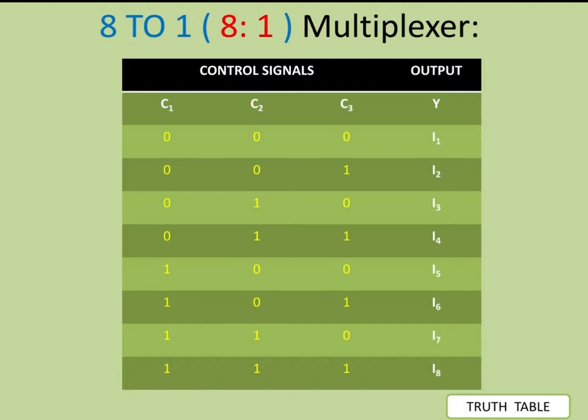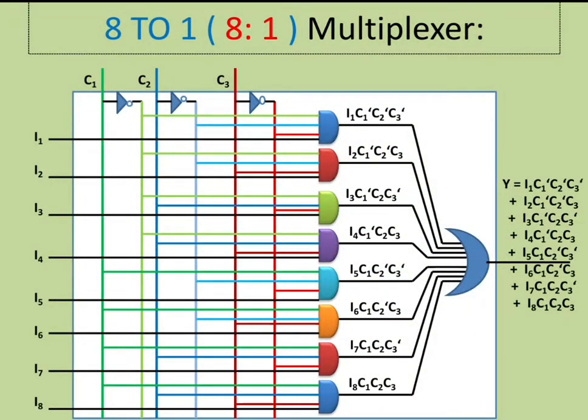The same way, 010, the third input becomes our output. 011, our fourth input becomes our output. These things we have to apply in our logic diagram. Then you are able to understand how it is happening.